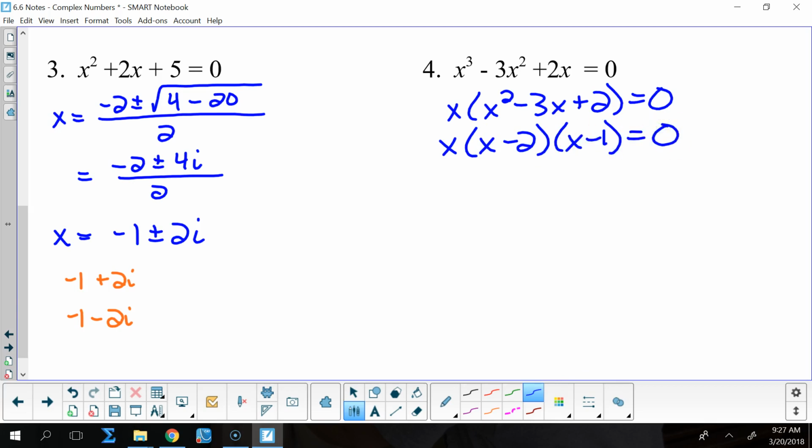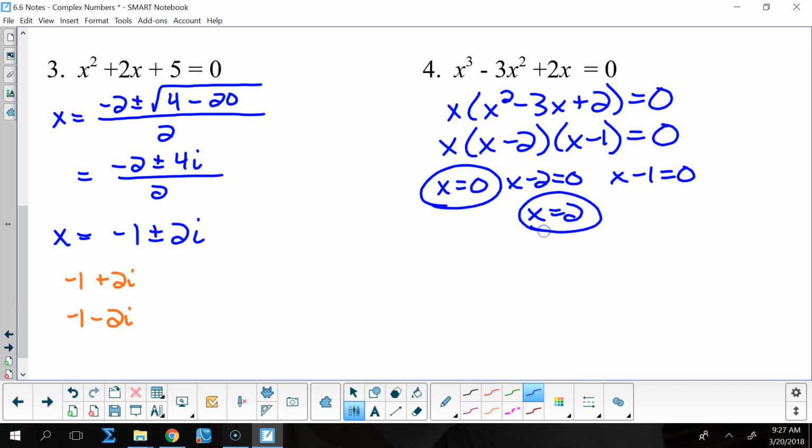Now what? So then we say x equals 0, x minus 2 equals 0, and x minus 1 equals 0. So I get x equals 0, I get x equals 2, and I get x equals 1. Right? So I got my 3 solutions.